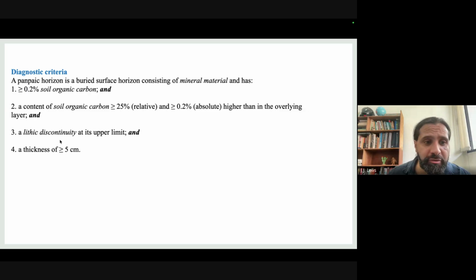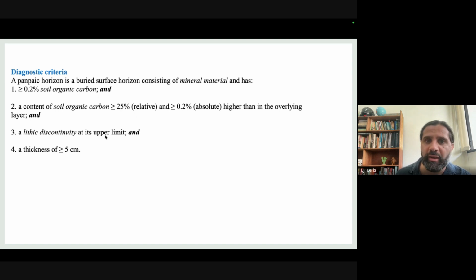We need to register a lithic discontinuity in the upper limit, to express that this horizon was buried in the past. We have some criteria to identify lithic discontinuities, and the most common is variance of sand contents.